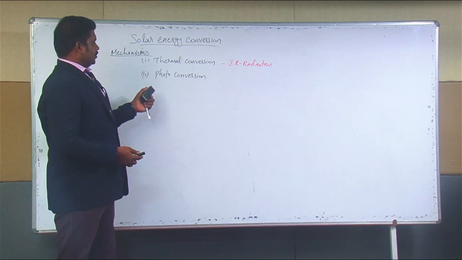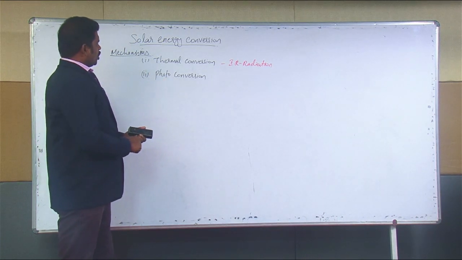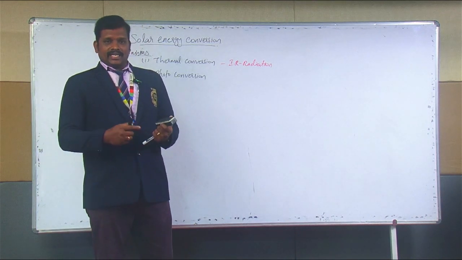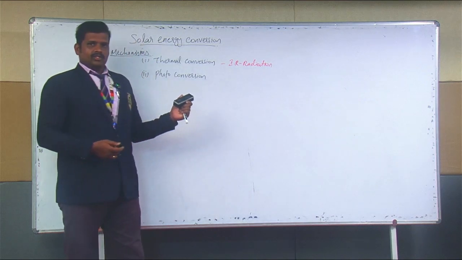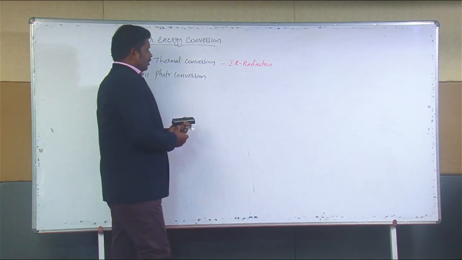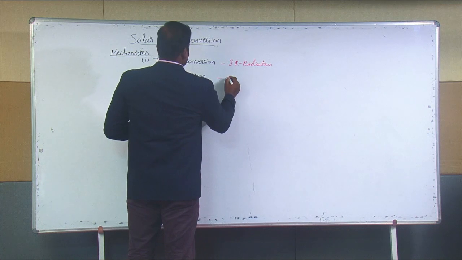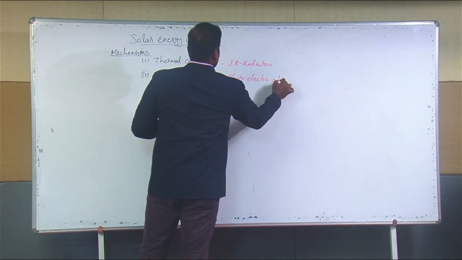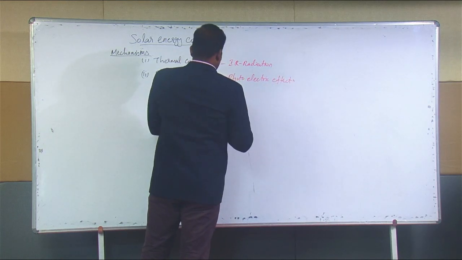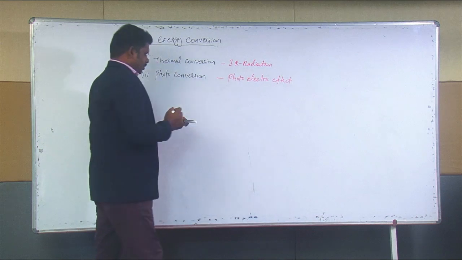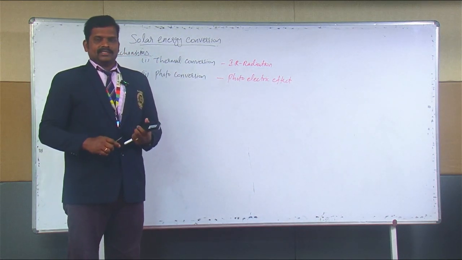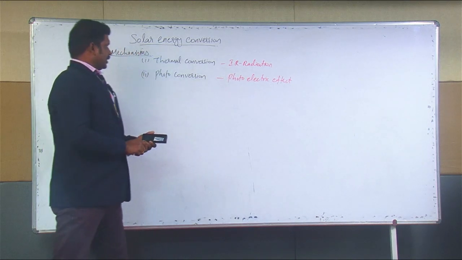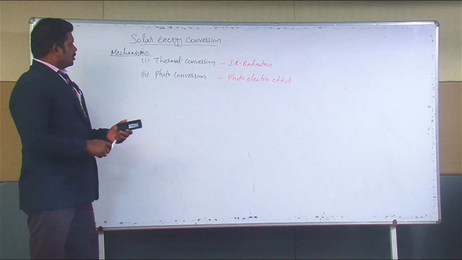Then photo conversion is the process of conversion of light energy into electrical energy by using the photoelectric effect. So we can convert direct light energy from the sun into electrical energy by using the photoelectric effect. We are going to see them one by one.